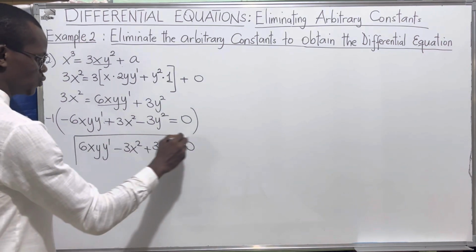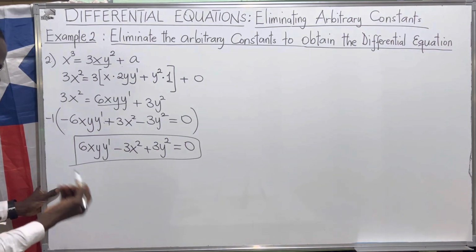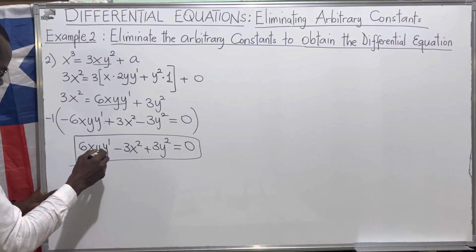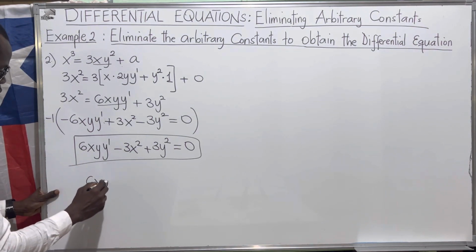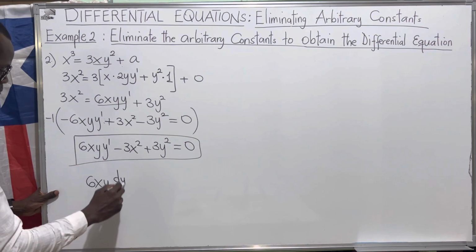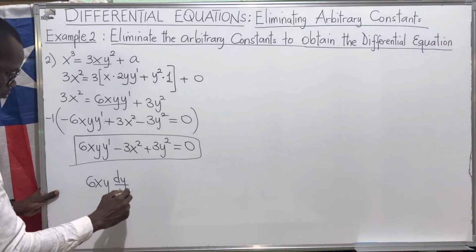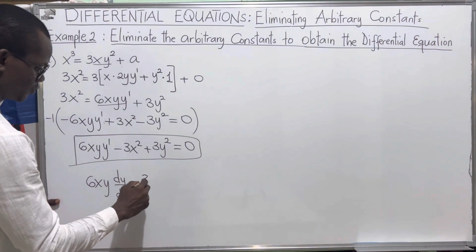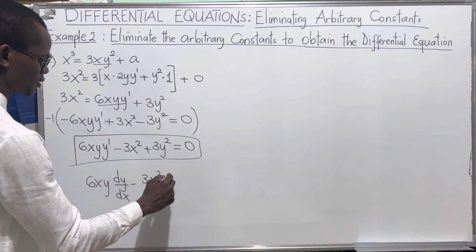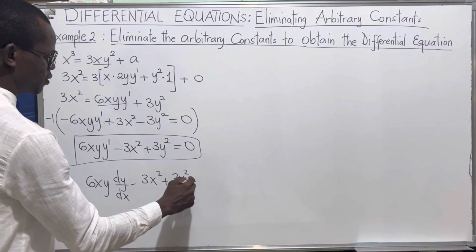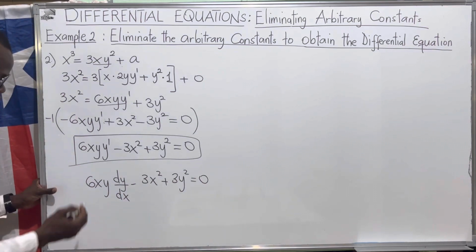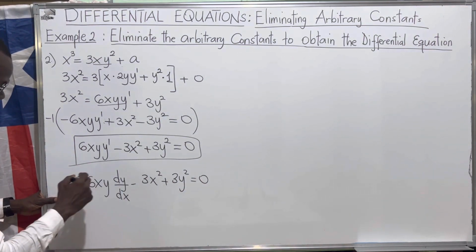So this could be one way in which you can express it. Another way could be by replacing this y prime by dy by dx: 6xy dy by dx minus 3x squared plus 3y squared equals 0. So you can also write it in this form.